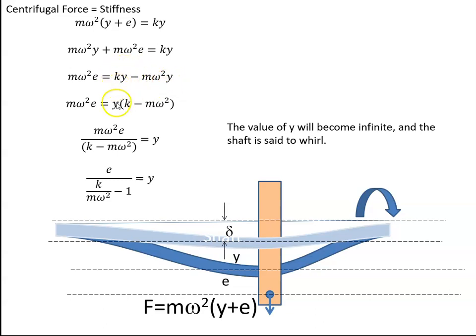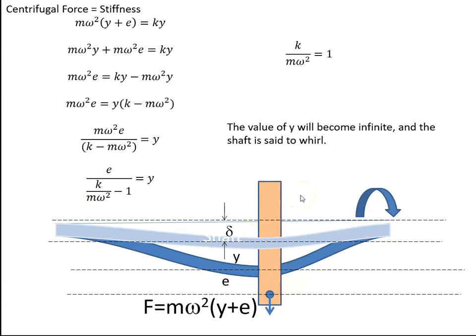Take the y out of it, and then divide both sides by k minus m omega squared. Then we'll clean it up by dividing above and below the line by m omega squared, and we get this expression here.